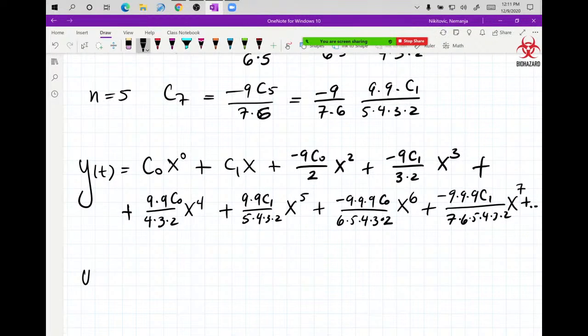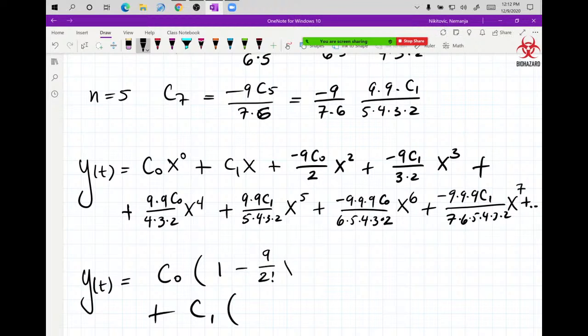All right, we collect like terms again. So C0 times blah plus C1 times the rest of the blah. So that's 1 minus 9 over 2 factorial x squared plus 9 times 9 over 4 times 3 times 2 x to the 4 minus 9 times 9 times 9 over 6 times 5 times 4 times 3 times 2.